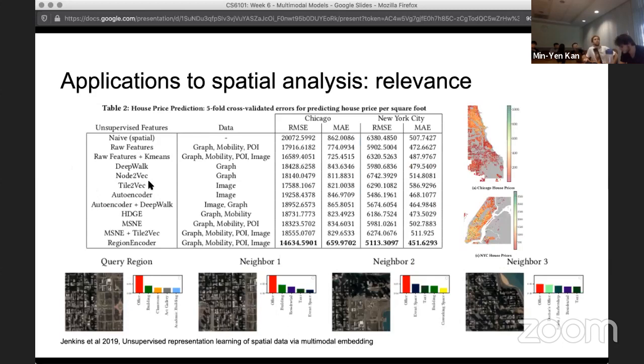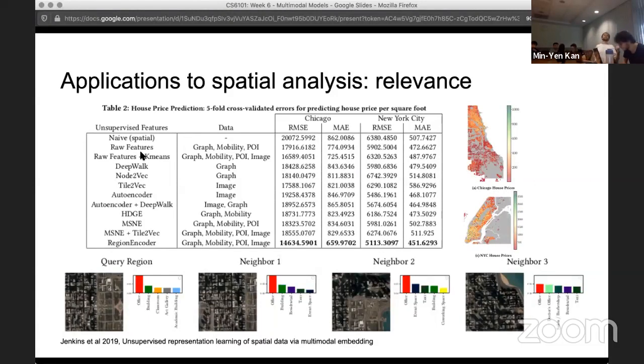So in one case, here you have house pricing. This is for Chicago, and this is for New York. A classical problem in economics is trying to predict house prices. The most common regressions will just throw the raw features into the regression and try to predict the house price.